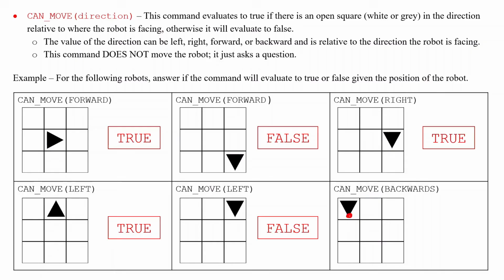If I'm facing this direction, backwards would be back here, and that goes off the grid, so it would be false. So it just asks a question, and when we ask a question, that's usually going to be in an if statement or in a loop of some kind that helps us make a decision about how to move the robot.